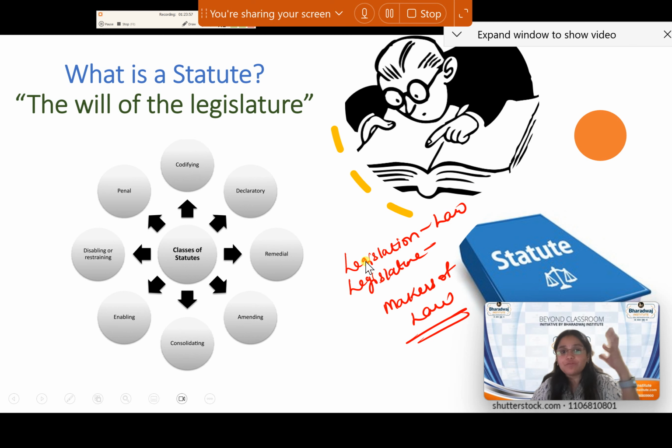For that, we should first be clear what can be the various types of statutes. In India, we have multiple types of statutes. We are one of the countries which has got a very wonderful legislative system, and we cannot take pride for that. 75% of that credit should definitely be given to the British men who have ruled the country for several decades.